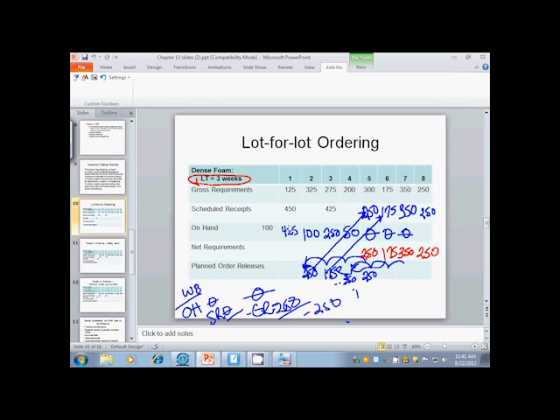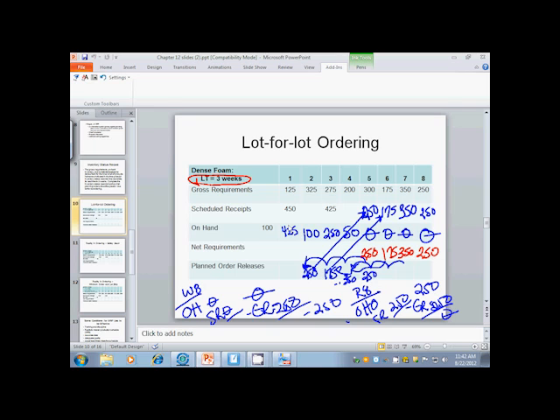If I redo week 8, I had on hand 0, a scheduled receipt of 250, which gave me 250 units to use. Subtract out my gross requirements of 250, and it leaves me 0 units at the end. This is lot for lot ordering. It's very basic, very easy.